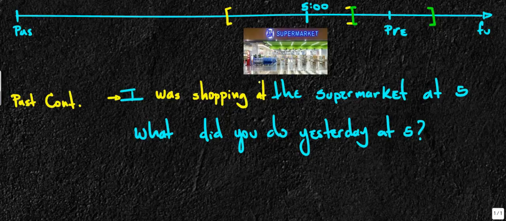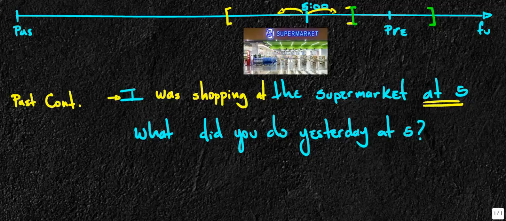And what this sentence is telling me is that I was shopping at the supermarket before 5 and after 5. All right? This moment right here represents a reference of time for the moment when I was shopping at the supermarket. All right? And this is now a more acceptable answer.